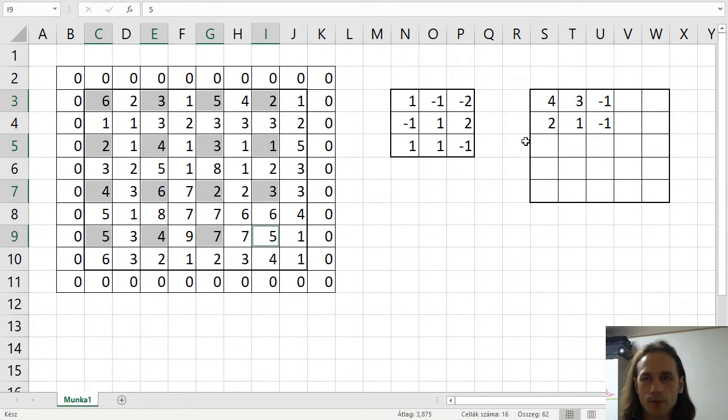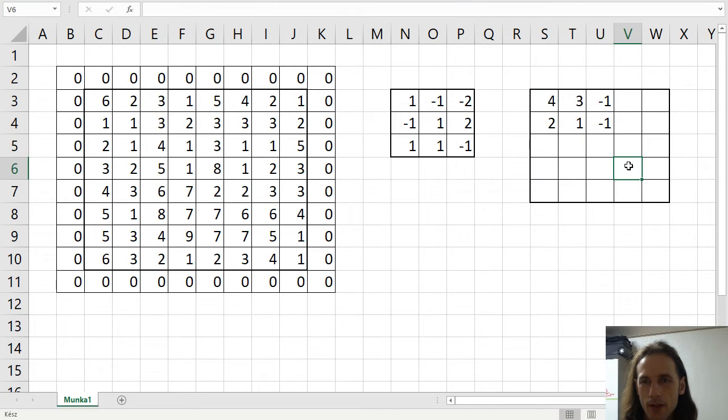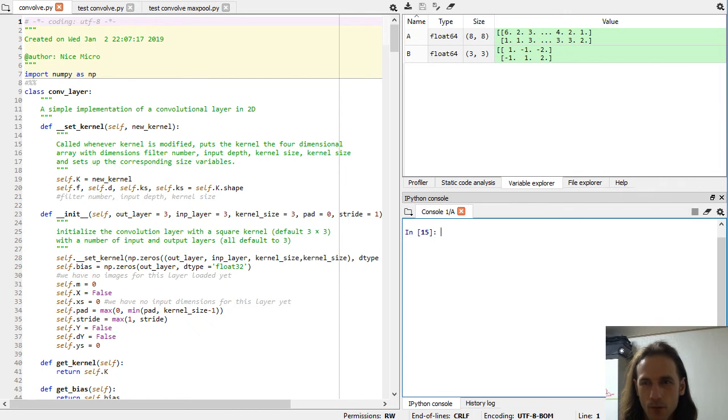So this 4 came from this 6, this 3 came from this 3, this -1 came from this 5, this 2 came from here. And this is not going to be 5 by 5, this is going to be 4 by 4. Oh my. Anyways, let's trust the computer with this. Let's trust our Python program with this.